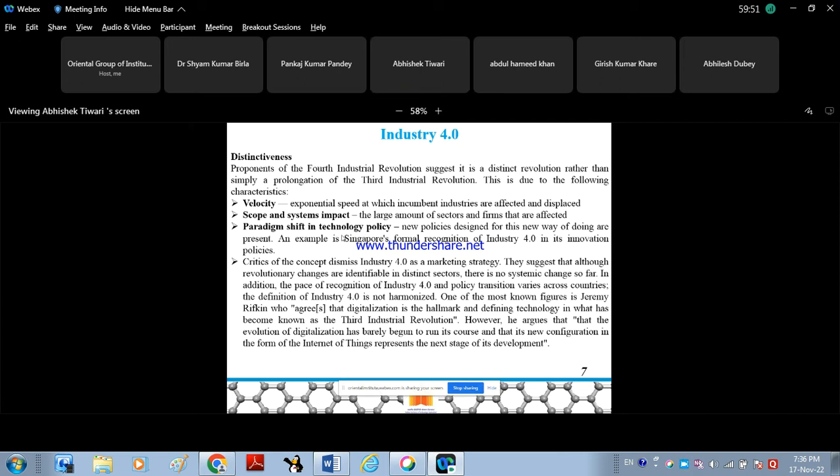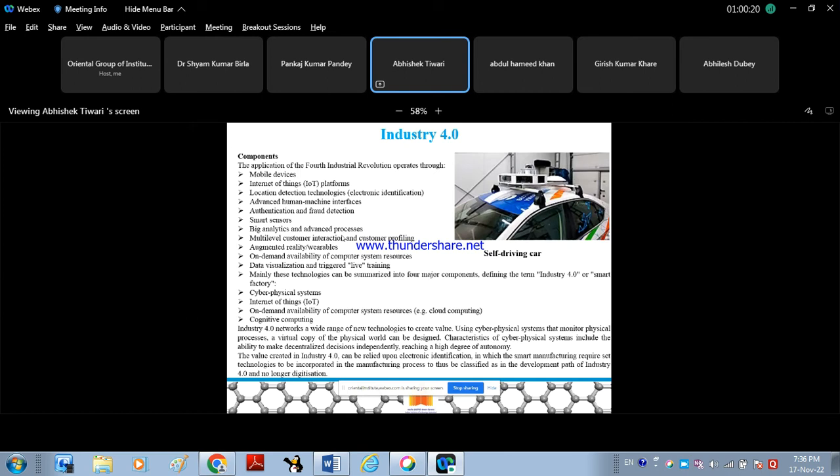One of the best known figures is Jeremy Rifkin, who agrees that digitalization is the hallmark and defining technology in what has become known as the third industrial revolution. However, he argues that the evolution of digitalization has barely begun to run its course, and that its new configuration in the form of the Internet of Things represents the next stage of its development.